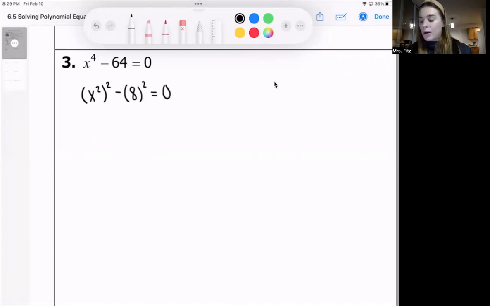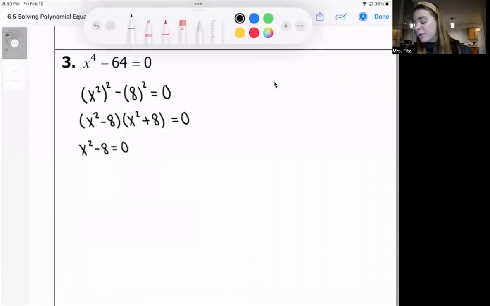From here, this factors to x squared minus 8 times x squared plus 8, which equals 0. From there, we can set each factor equal to 0 and solve. So x squared minus 8 is equal to 0, or x squared plus 8 is equal to 0.